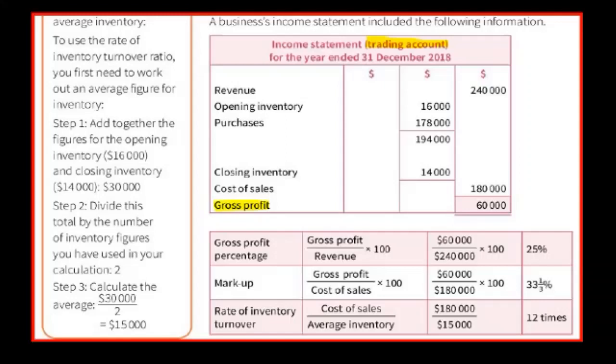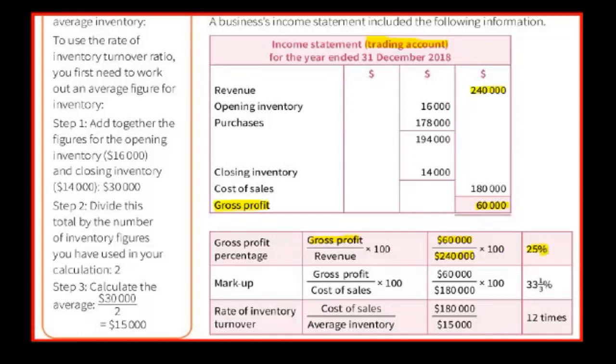To calculate the gross profit percentage, we have the formula again: gross profit divided by revenue or sales. The gross profit in this case is 60,000, and the sales are 240,000. We multiply by 100 and we get 25%.